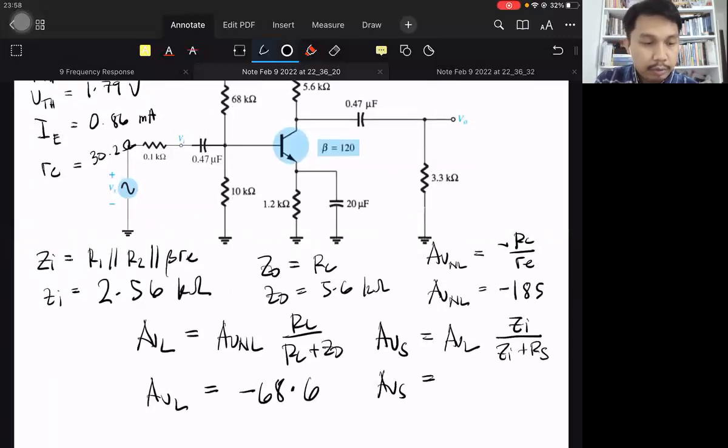That is 56 and 100 ohms, 0.1 kilo ohm and 100 ohms, approximately negative 66.